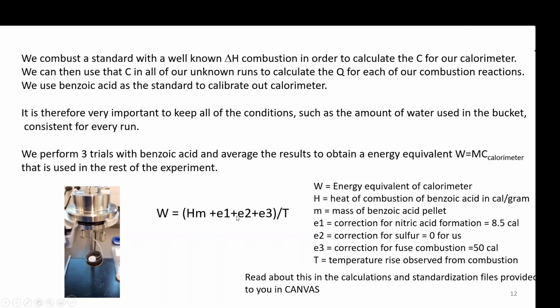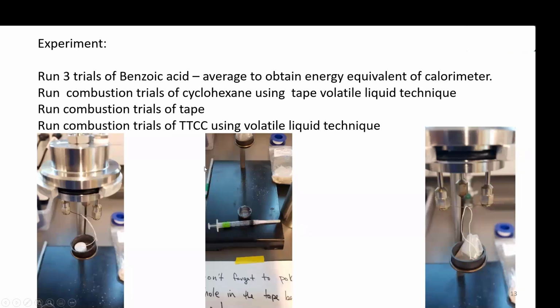Now you have the value for E1, E2 is 0, you have the value for E3, and the T here will be your measurement, the temperature rise. So you can calculate the W, right? When you calculate the W, you can continue your experiment to burn TTCC and cyclohexane as well.